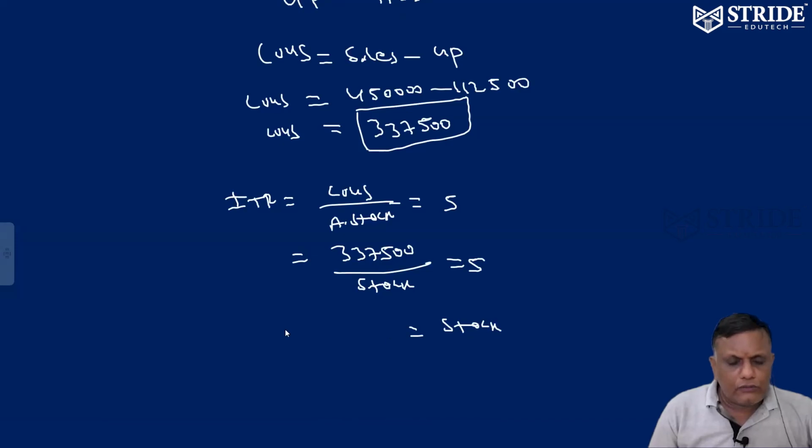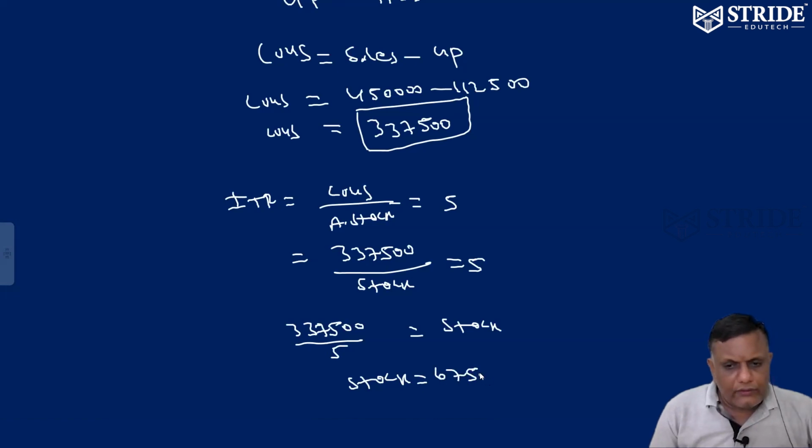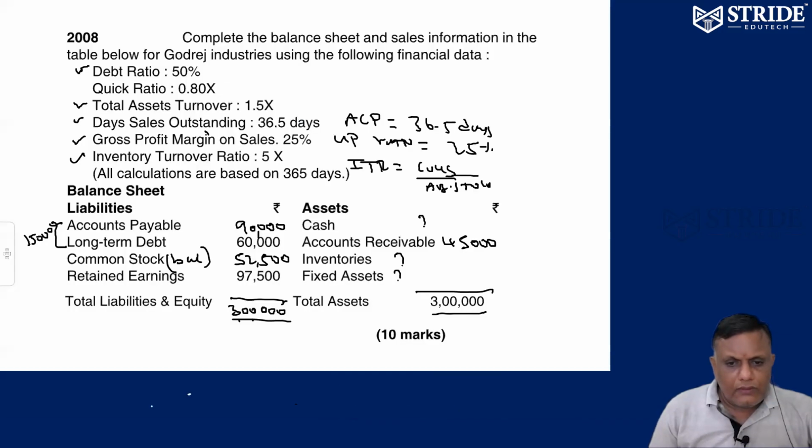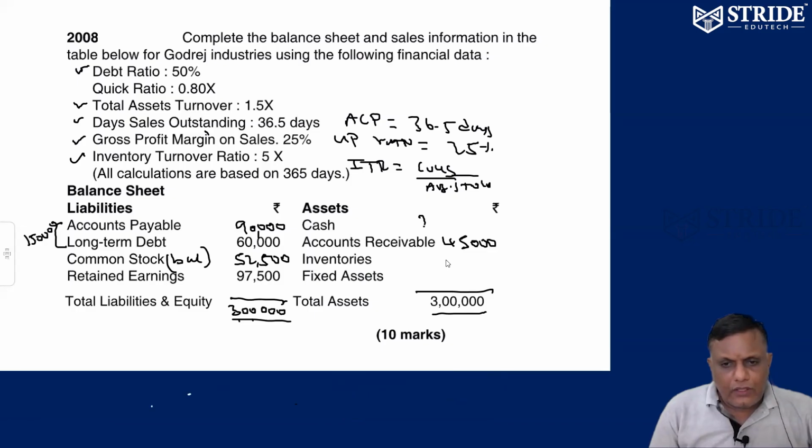So stock is equivalent to 337,500 by 5, which is 67,500. Stock is equal to 67,500. That's it.